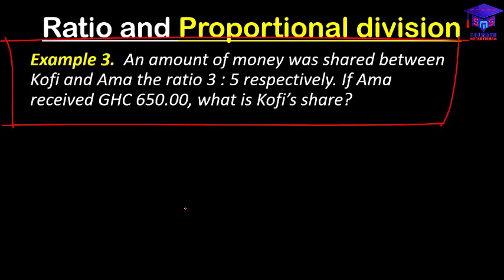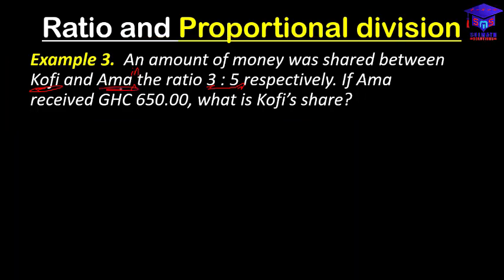An amount of money was shared between Kofi and Ama in the ratio 3:5 respectively. If Ama received 650 Ghana cedis, what is Kofi's share? Well, this question is not straightforward, but it's also very simple. The ratio has been given as 3:5. The first ratio corresponds to the first person, Kofi, and the second corresponds to the second person, Ama.